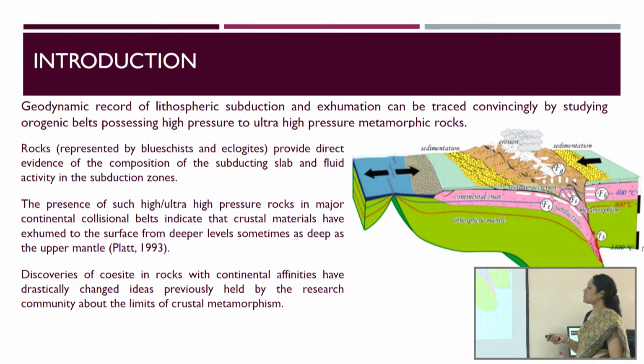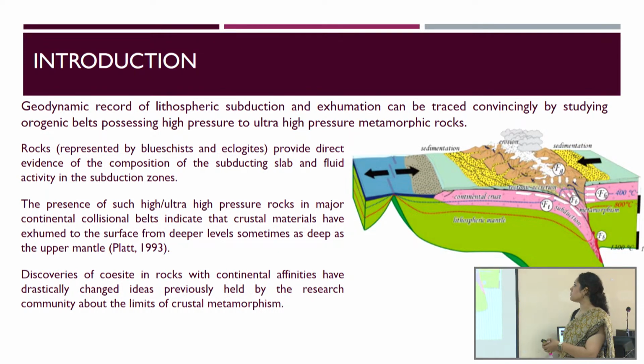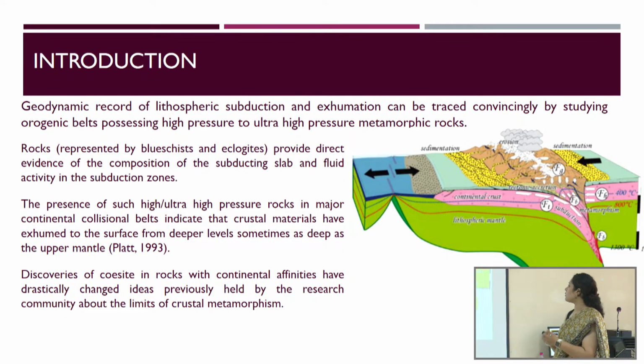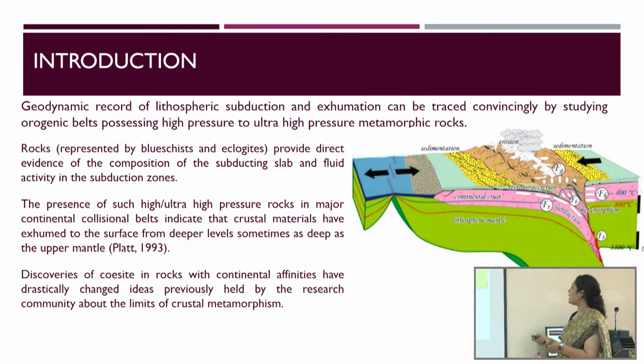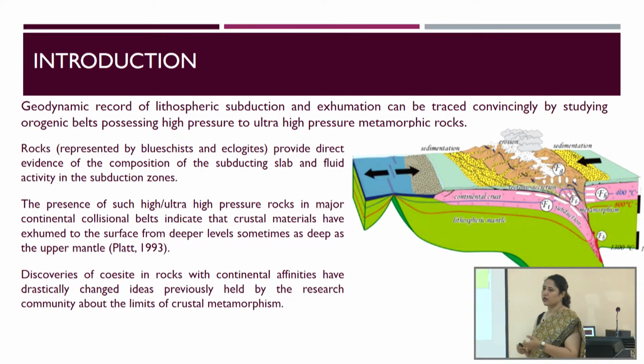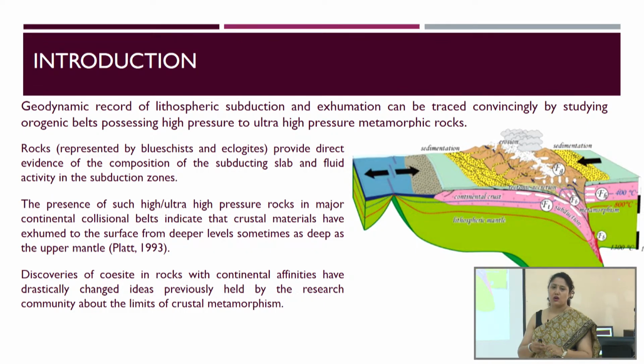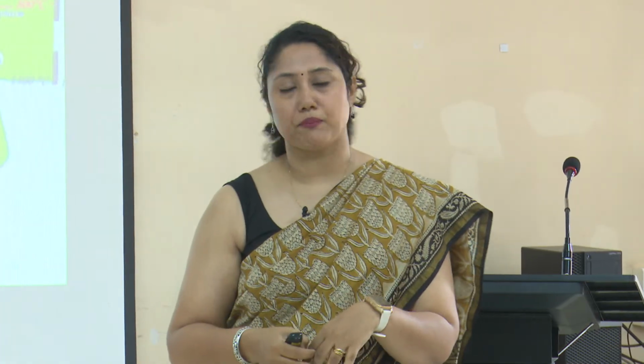So, the geodynamic record of subduction and subsequent exhumation can be studied now by looking at orogenic belts which possess high pressure to ultra high pressure metamorphic rocks, and these rocks are typically represented by your blueschist facies rocks and your eclogites. Okay? And they are able to tell us what is the history of this subducting slab.